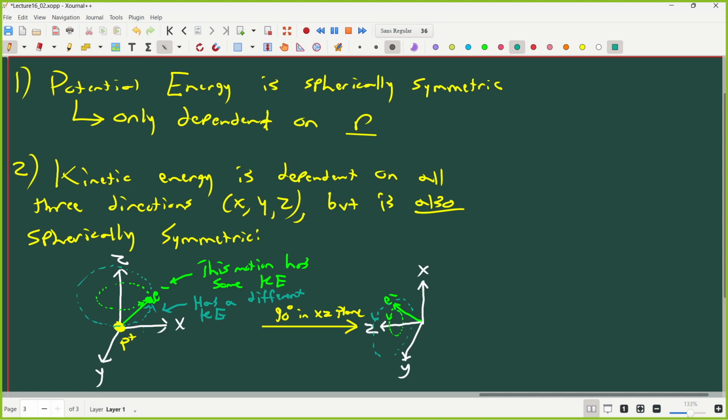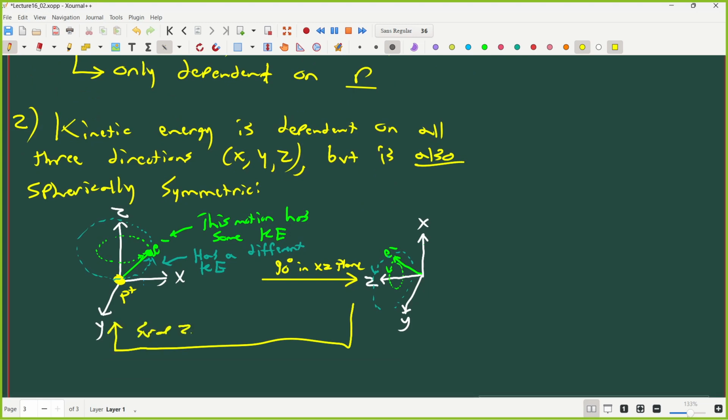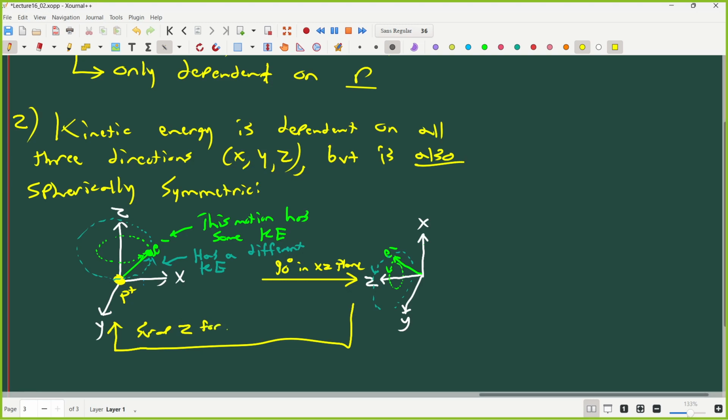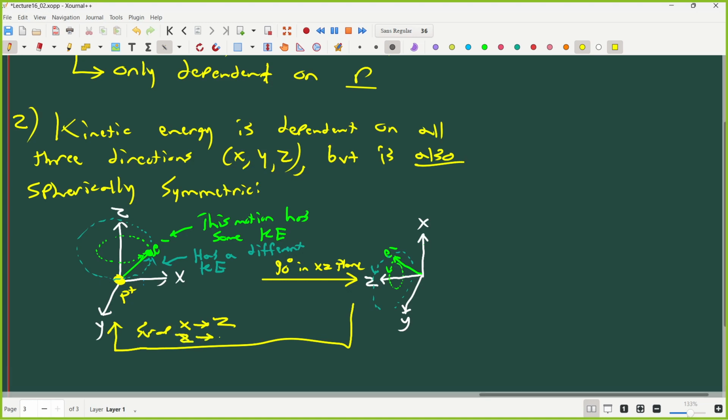So I've moved my system into a different plane, but how can I reproduce these same effects in this new plane? Well, very, very simple. How do I go backwards? How do I realize that these two things are exactly the same? All I need to do is swap the x-axis for z, and swap z for negative x.